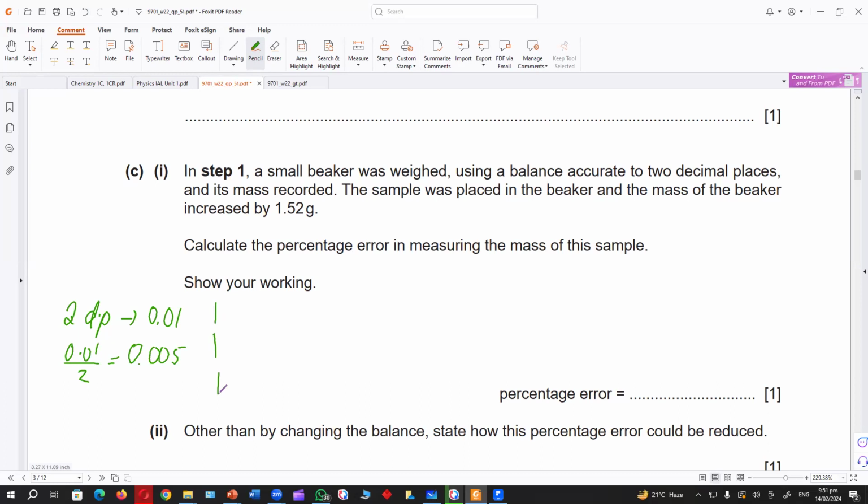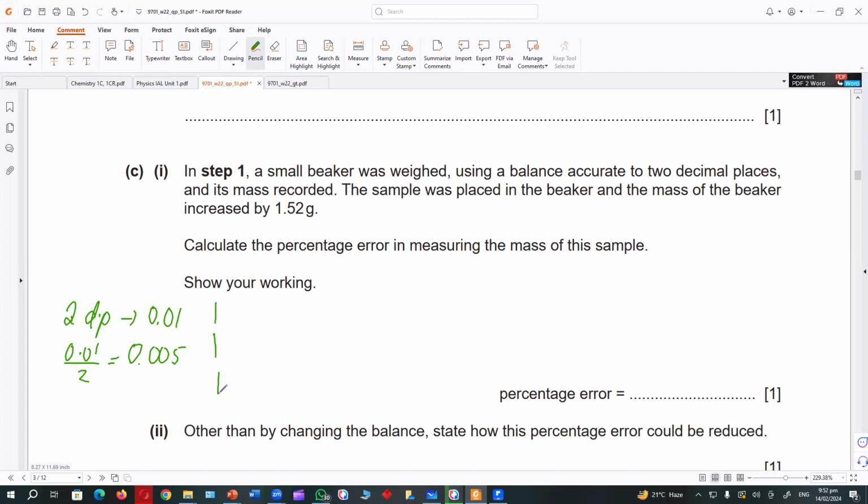Now, this is another point. When you take any reading twice, because first you read the original mass, the mass of the beaker, and then you put the beaker with the weight and you subtract them.